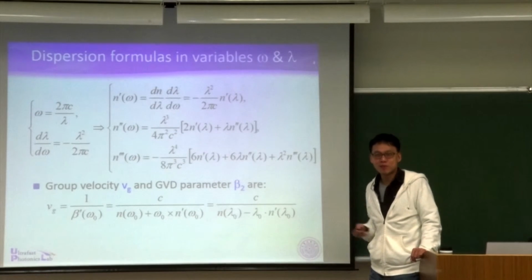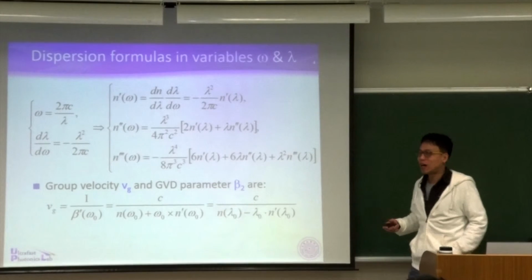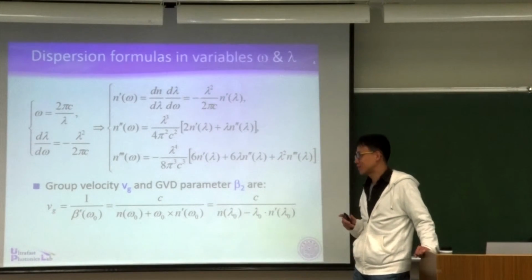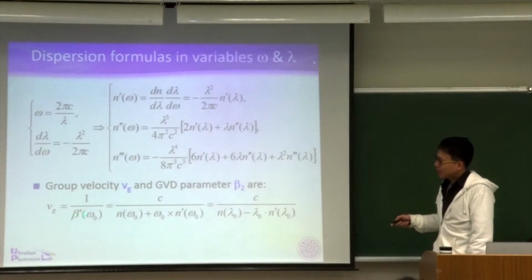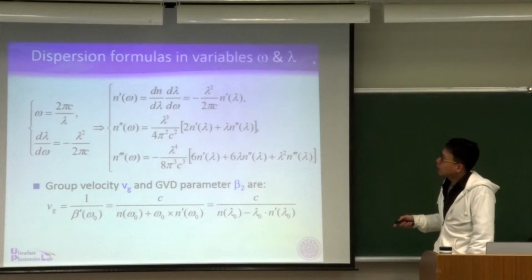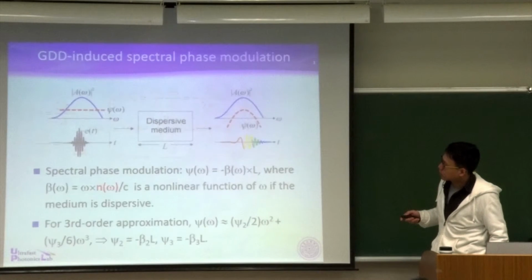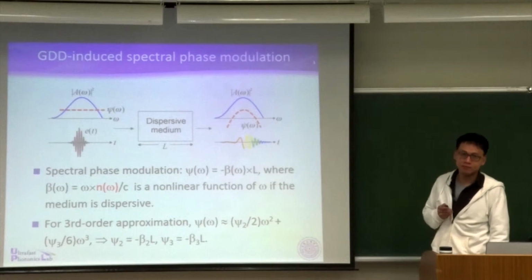Do you still remember how to derive this formula? There are different ways you can arrive at this, so let's just assume you know that. For beta prime of omega, you can borrow the relation between beta and the index, which is here. So you have to calculate the first order derivative of this relation.